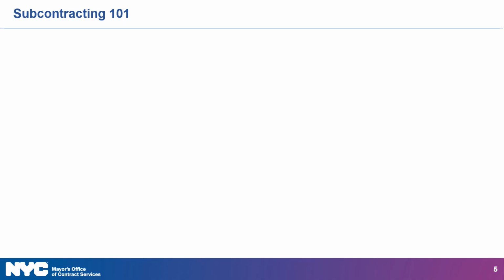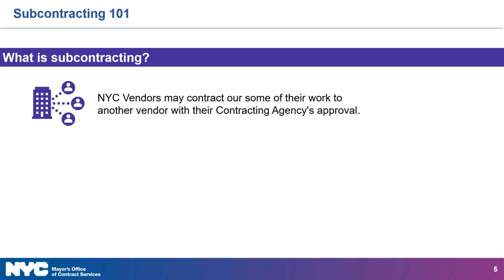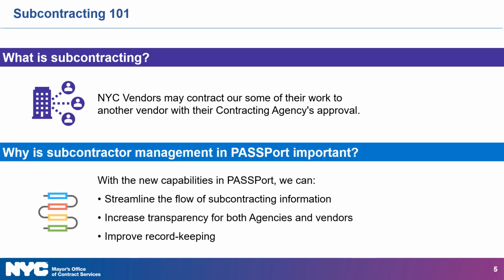You might be asking yourself, what is subcontracting? Well, vendors that contract with the city may hire out some of their work to another vendor with the agency's approval. That vendor is known as a subcontractor. Why is subcontracting so important in Passport?